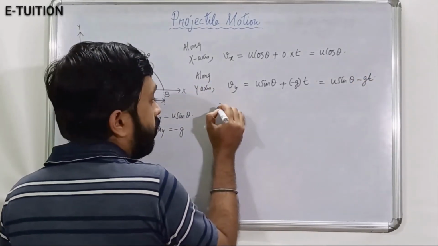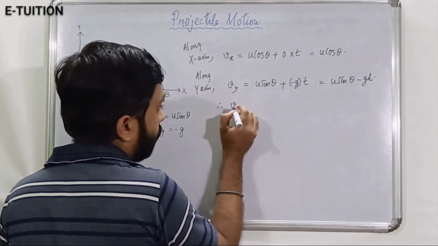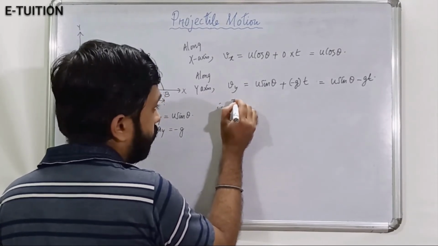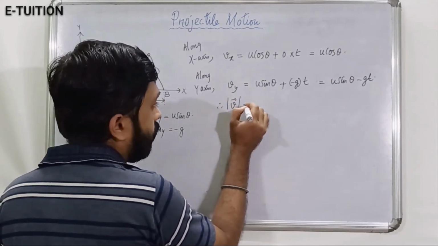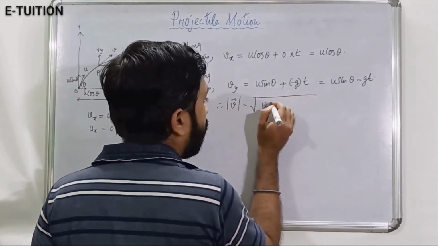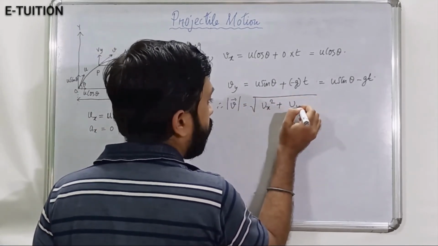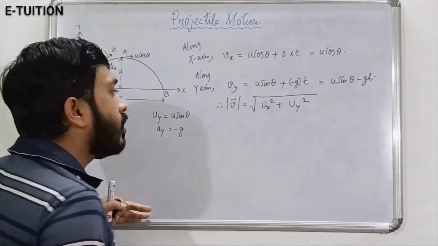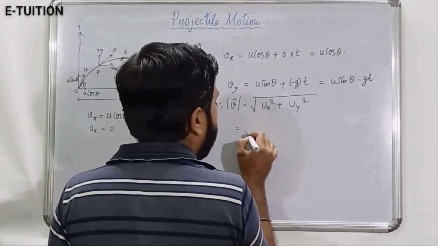Now how much is the value of the velocity v, the modulus of velocity? It is equal to root over vx square plus vy square, isn't it? Square them up.